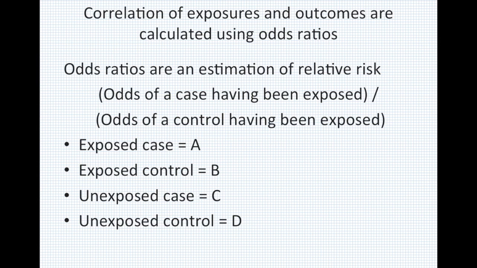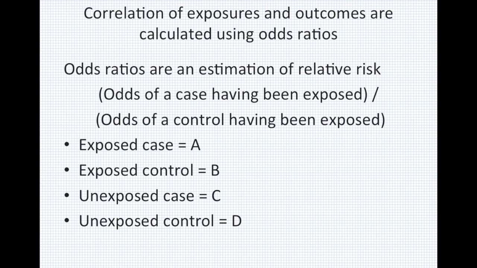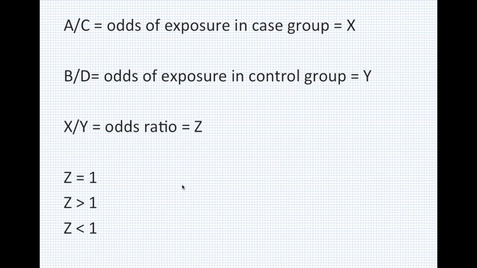Once again, we'll split our study group up into 4 groups. So an exposed case is group A, an exposed control is group B, an unexposed case is group C, and an unexposed control is group D. A divided by C, or the exposed cases divided by the unexposed cases, would be the odds of exposure in a case group.